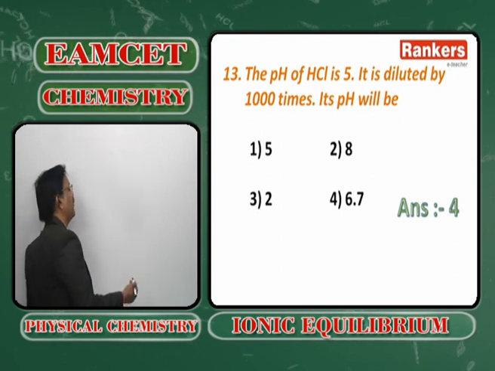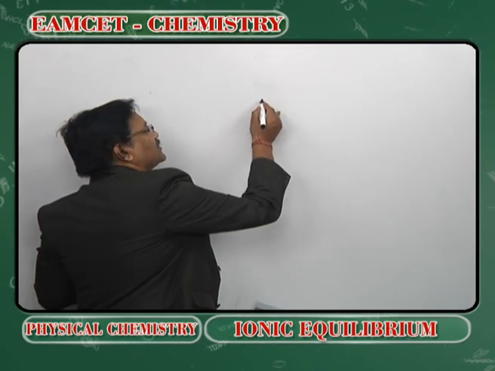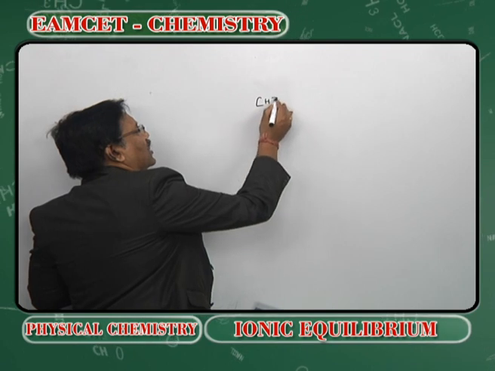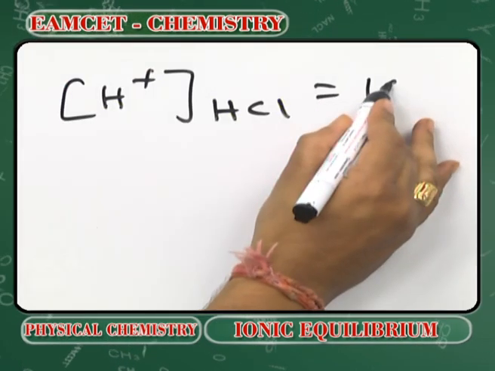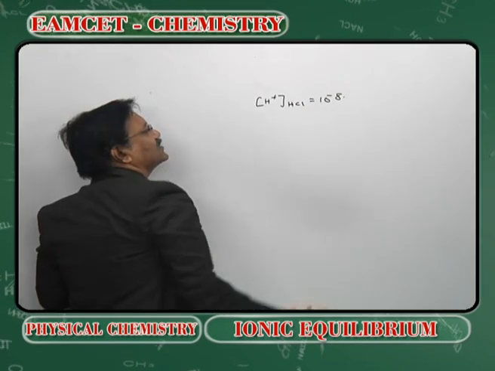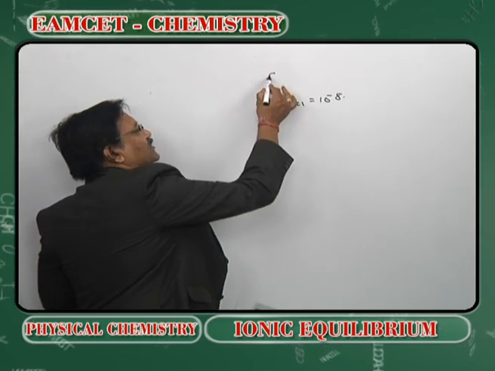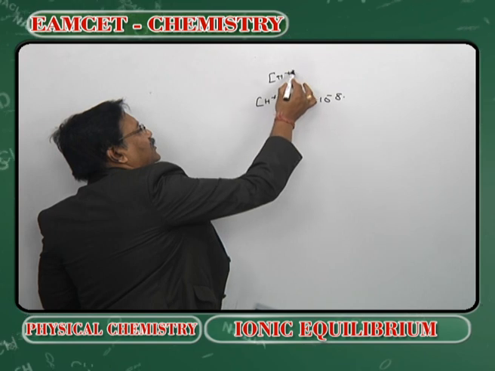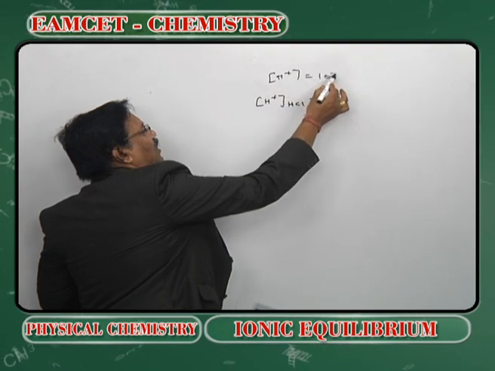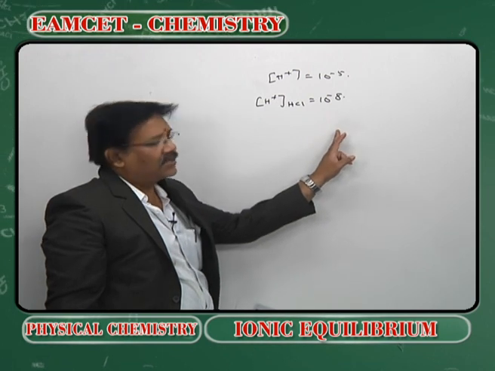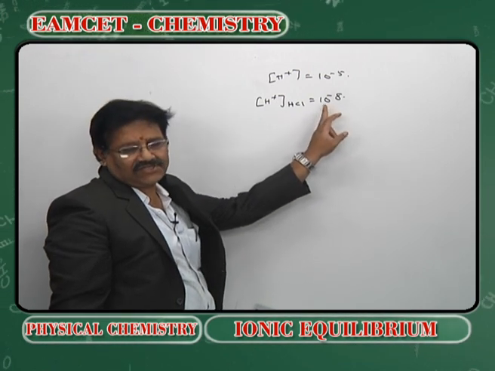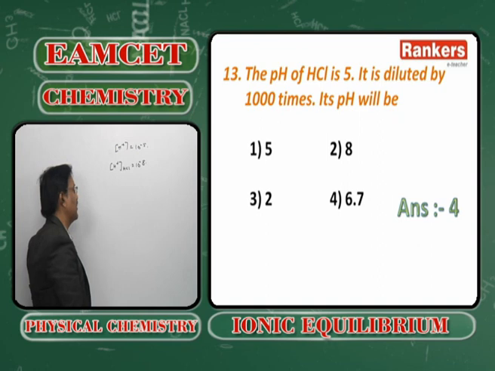Then what will happen to the final H plus ion concentration due to the acid? What is the initial H plus ion concentration? 10 to the power of minus 5. After diluting by 1000 times, its H plus ion concentration will be 10 to the power of minus 8.